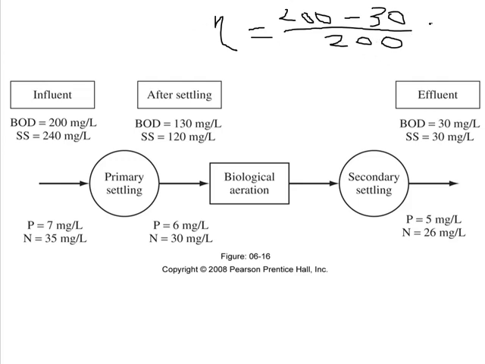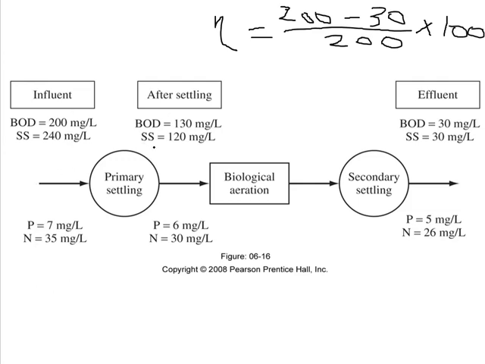Generally efficiency is measured in percentage, so you can multiply by 100 to get it in percentage. This is the way to calculate the efficiency of any pollutant. For BOD you can do that. Same thing for the suspended solids: 240 minus 30 divided by 240 multiplied by 100. In this way you can calculate for BOD, COD, phosphorus, nitrogen, anything.